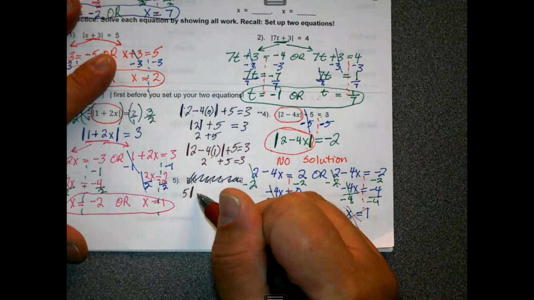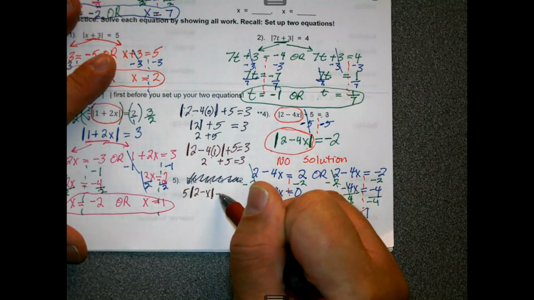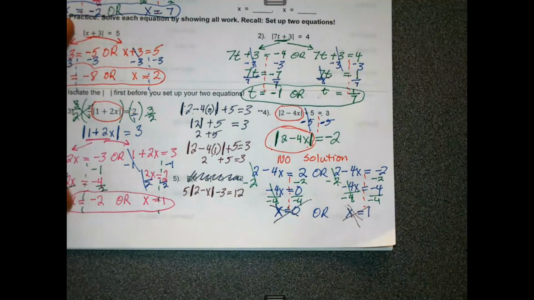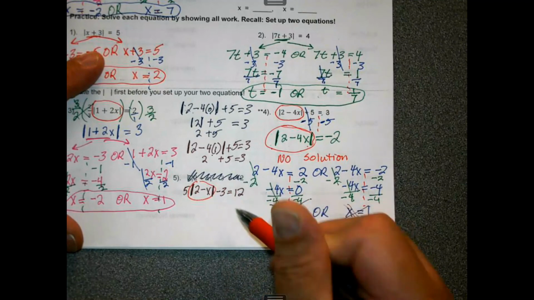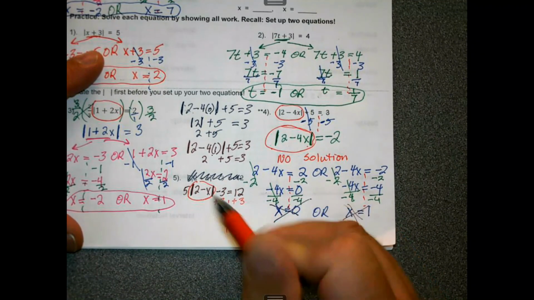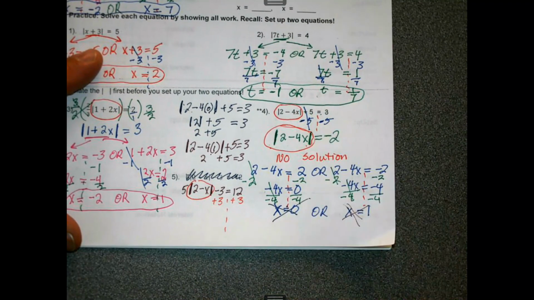5, absolute value bar, 2 minus x, minus 3 equals 20. You're going to have to get the absolute value bars by themselves. So you're going to have to add 3, and then divide by 5.